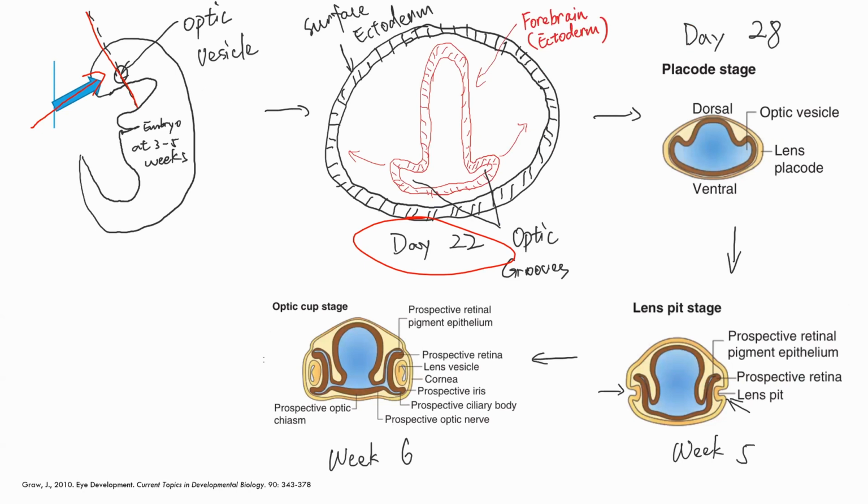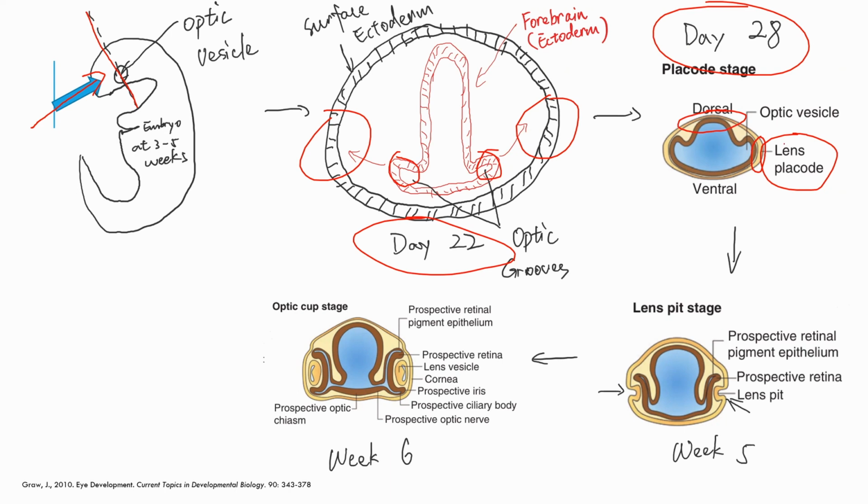At around day 22, the 2 optic grooves will start to elongate bilaterally and start to approach the surface ectoderm areas. At day 28, after the optic vesicle reaches the ectoderm, it induces the formation of the lens and forms a lens placode. At this surface ectoderm area, you can see they are thicker than the other surface ectoderm area.